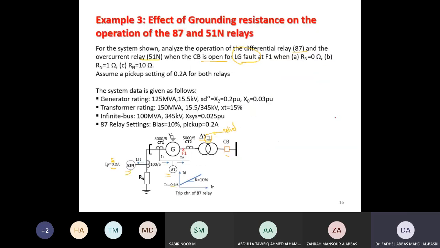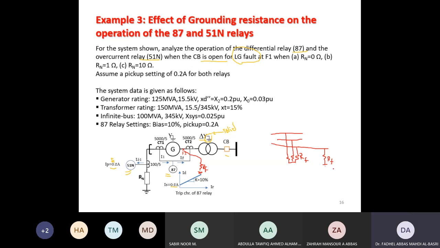This is the fault. If the fault is through a resistance RF, this is now RF, for 3-phase faults with fault resistance, or line to ground faults.